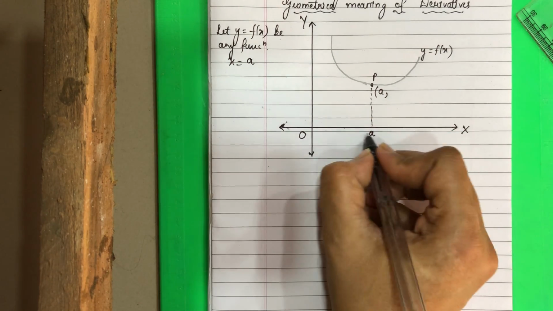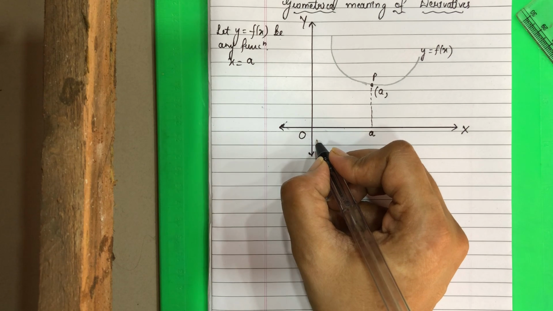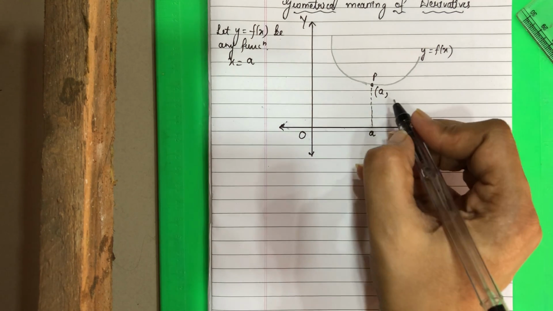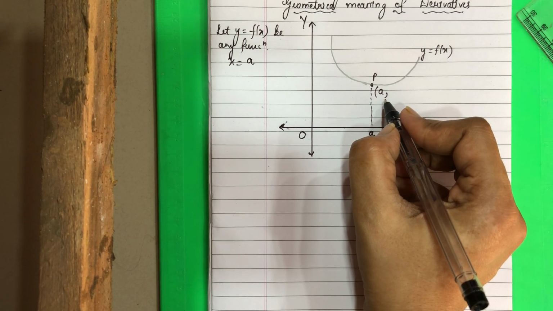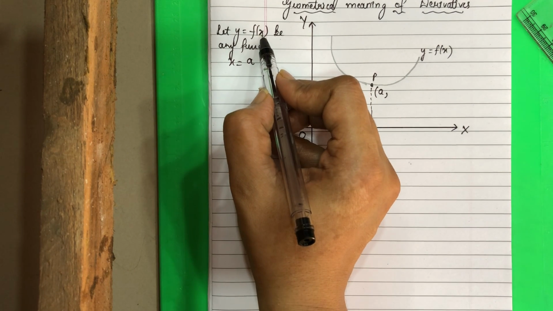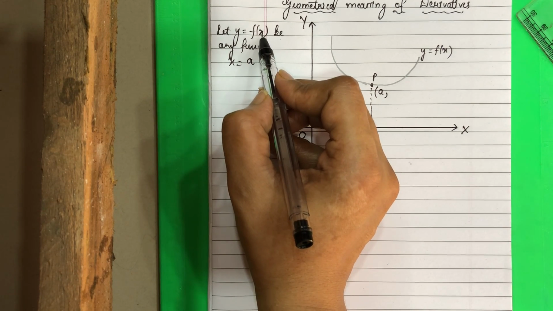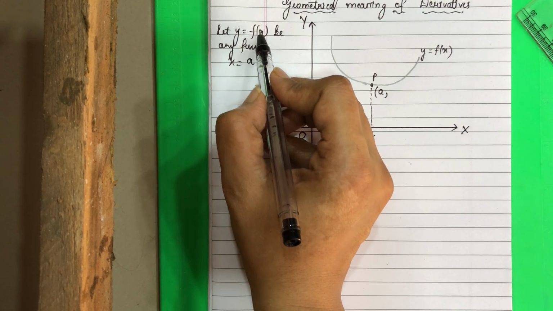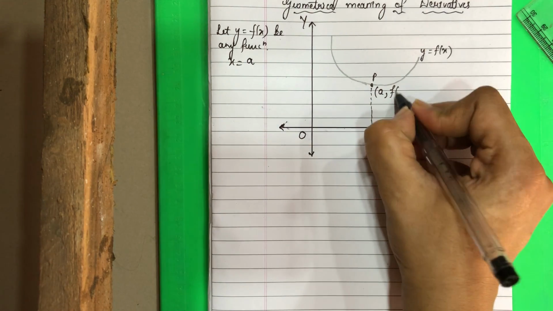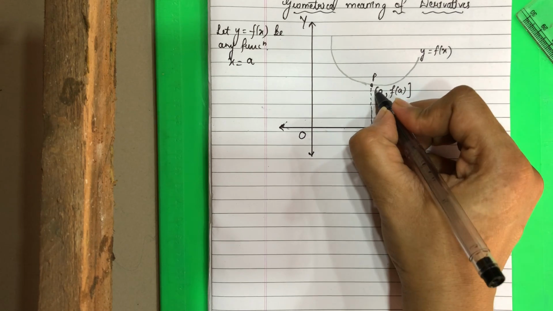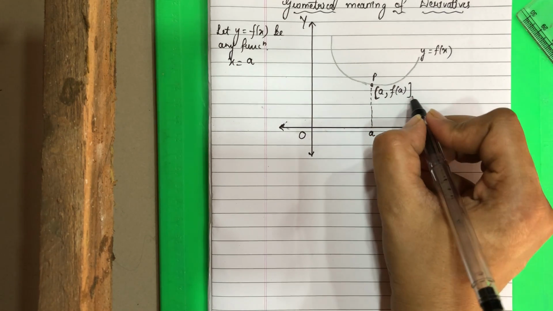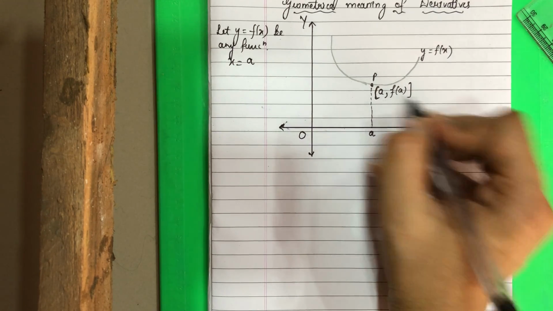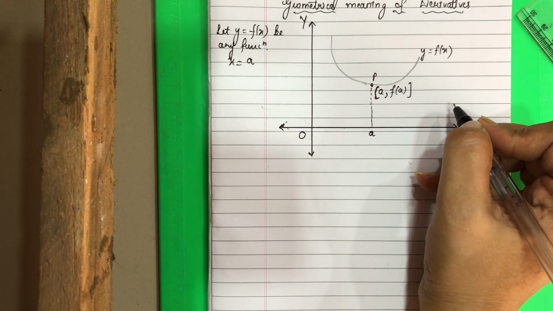Now we can substitute x is equal to a in this f(x) to get the value of y. So we get y is equal to f(a). So a comma f(a) are the coordinates of point P.